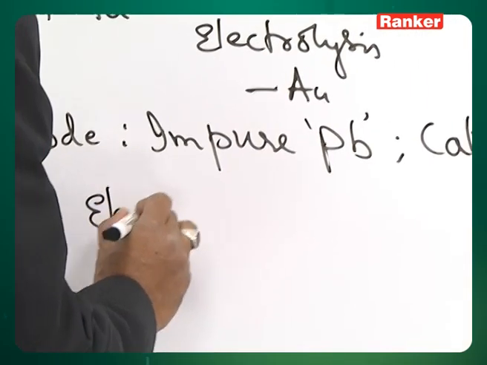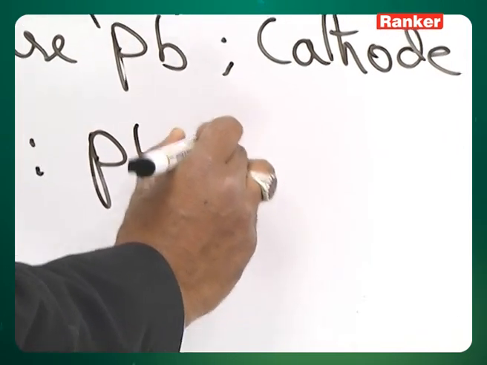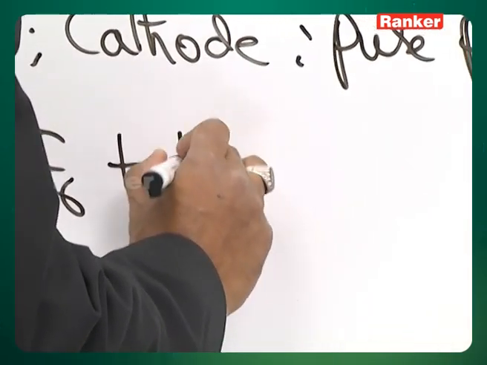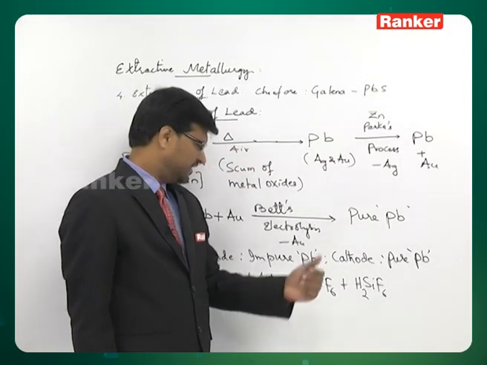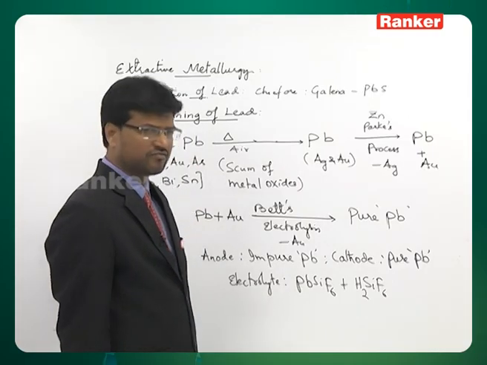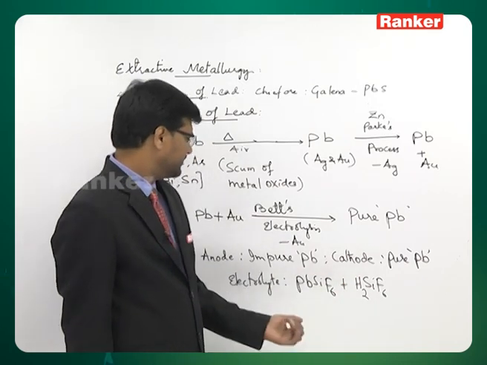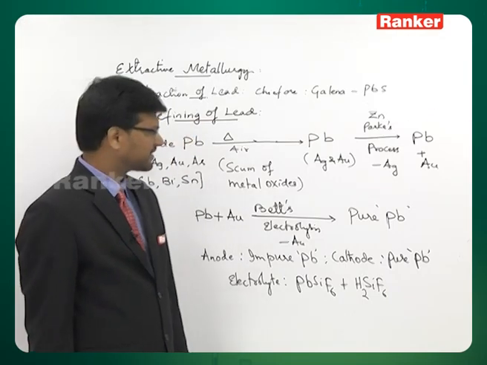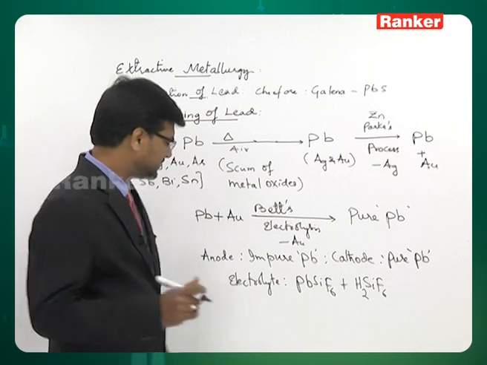Electrolyte is PbSiF6 plus H2SiF6. H2SiF6 is called fluorosilicic acid, and here you have a salt of fluorosilicic acid, the plumbous salt of fluorosilicic acid. So this is the electrolyte. Anode is impure lead and cathode is pure lead. So by doing Betts electrolysis, you can purify lead. All the gold will fall down as anode mud.